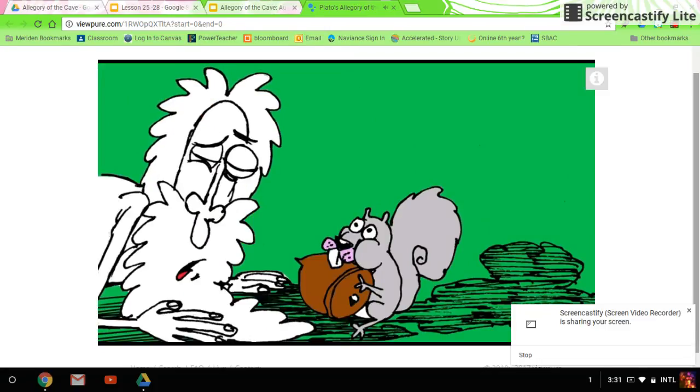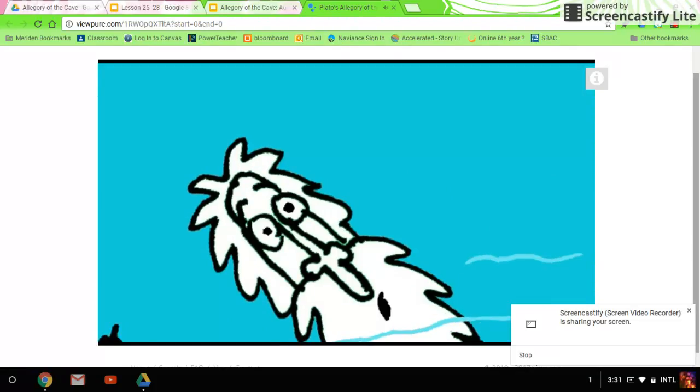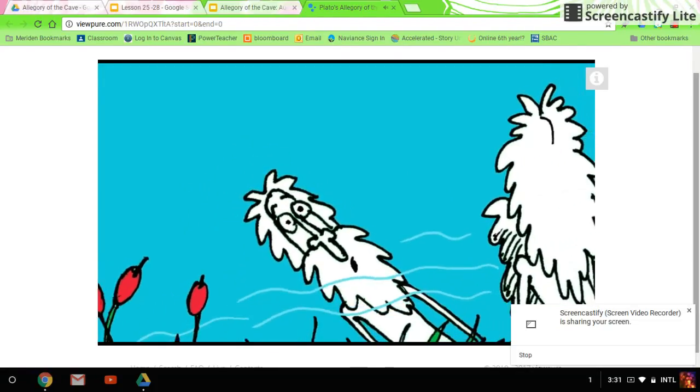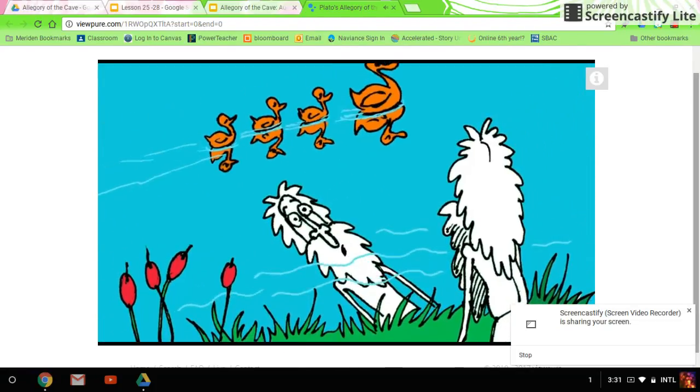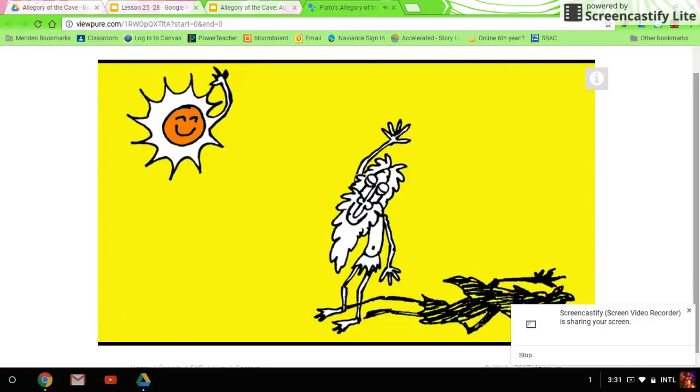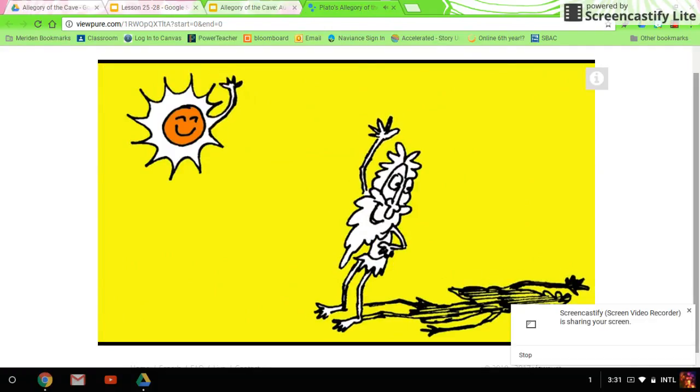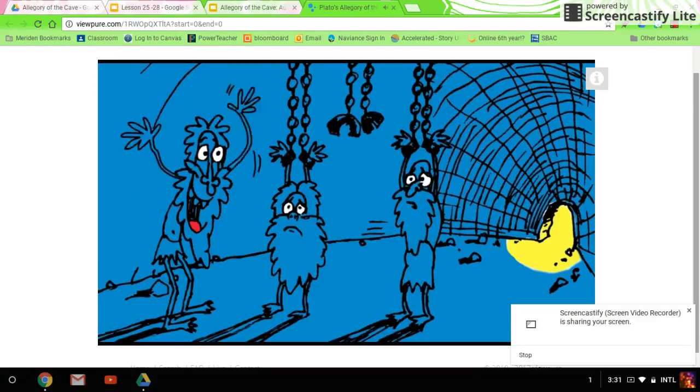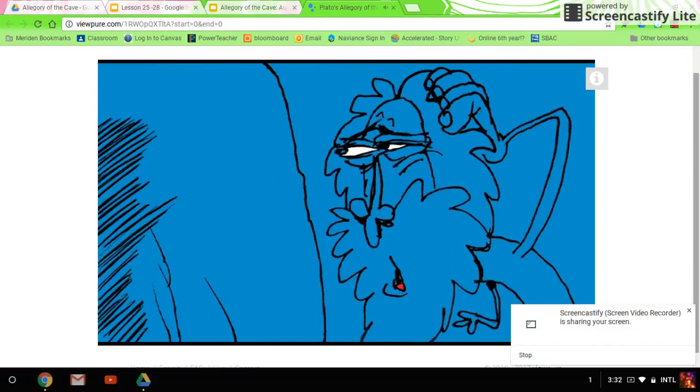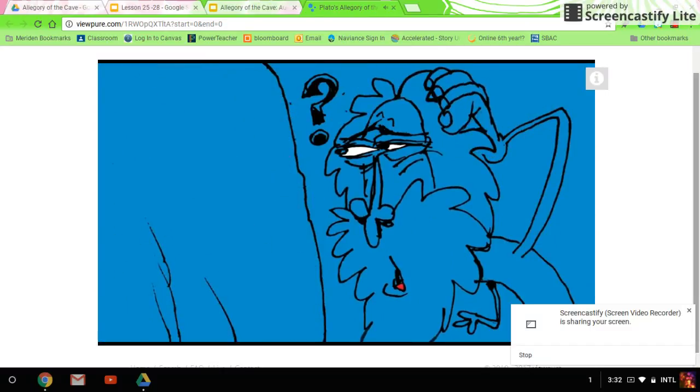The shadows appeared much clearer to him, but gradually his eyes adjust until he can look at reflections in the water, at objects directly, and finally at the sun, whose light is the ultimate source of everything he has seen. The prisoner returns to the cave to share his discovery, but he is no longer used to the darkness and has a hard time seeing the shadows on the wall.